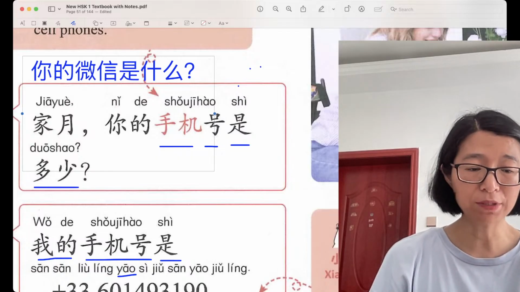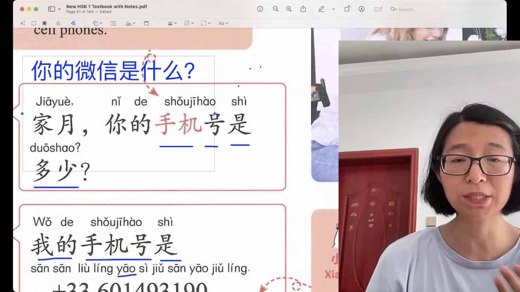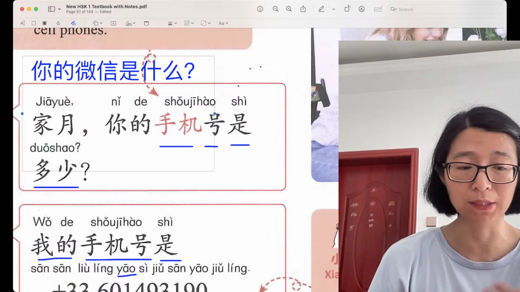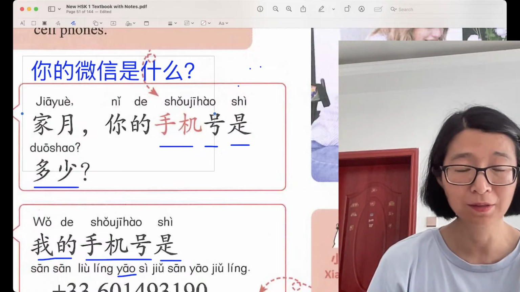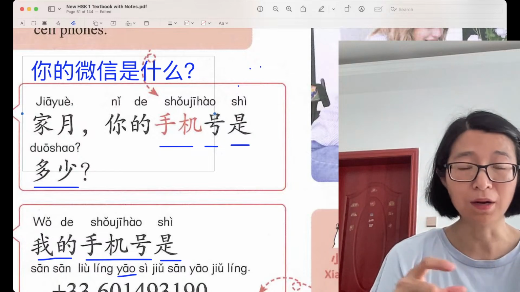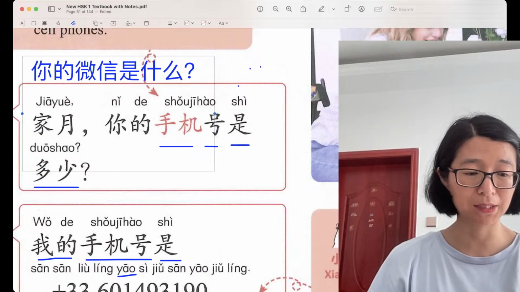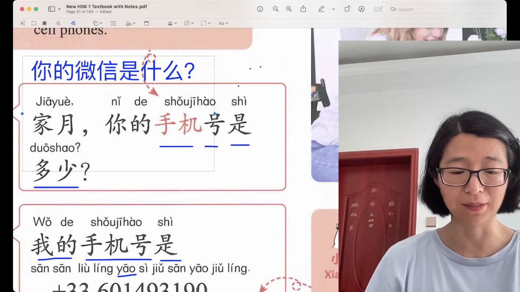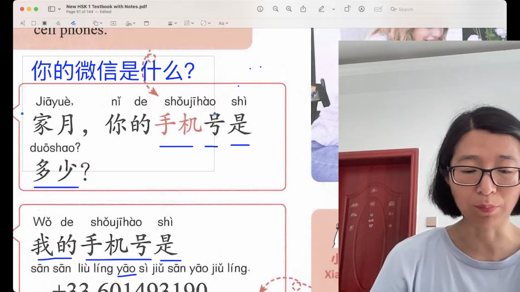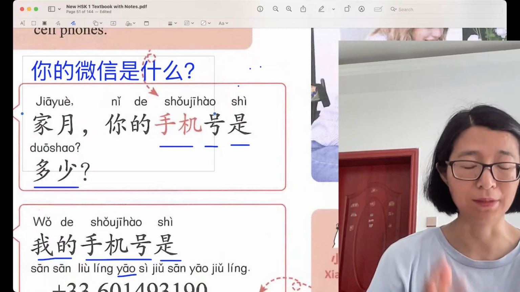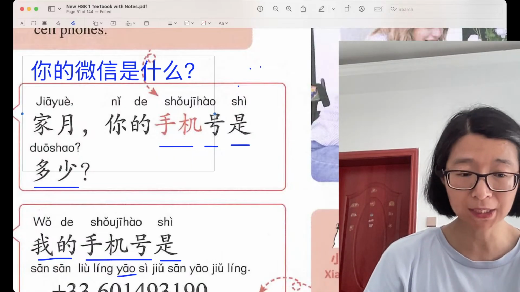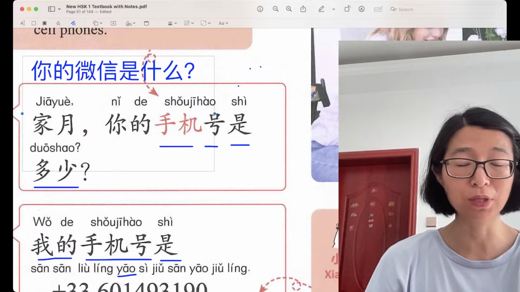If you haven't got each other's WeChat ID, it is kind of a failure. The business card is not that important nowadays. If you work in China, WeChat is the number one important thing. You should know how to ask for other people's WeChat.